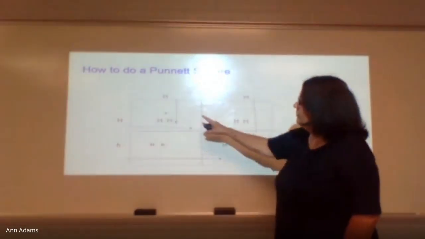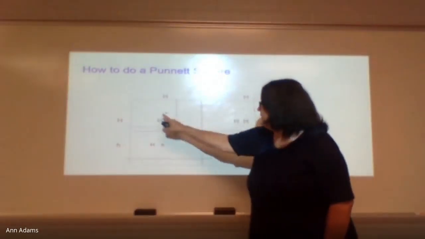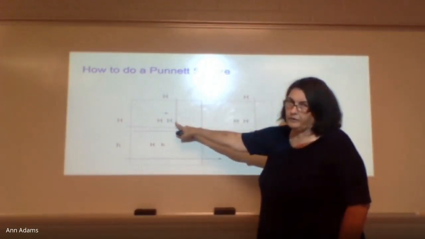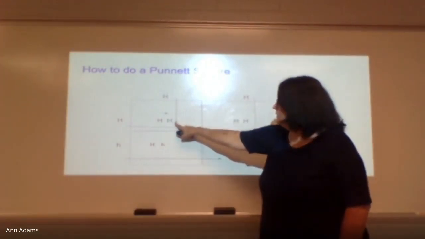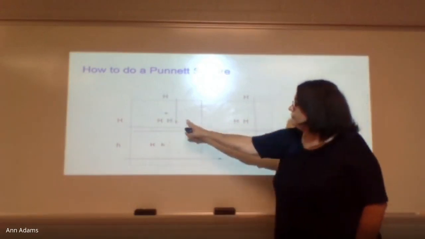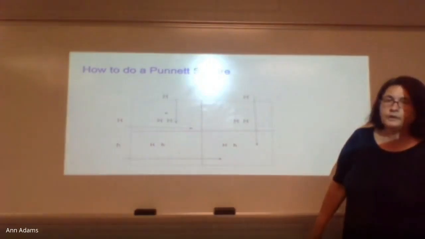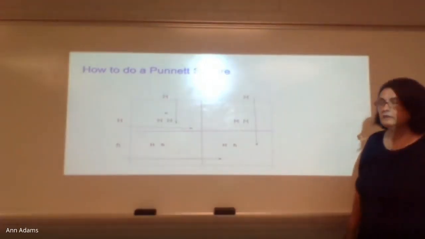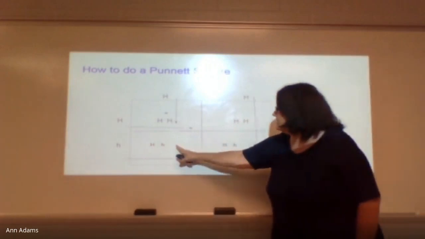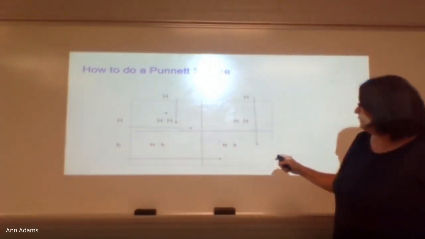All right, now, we've got, what kids are these? 1, 2, 3, 4. Remember, each square is 25%. So we've got 25, 50, 75, 100.